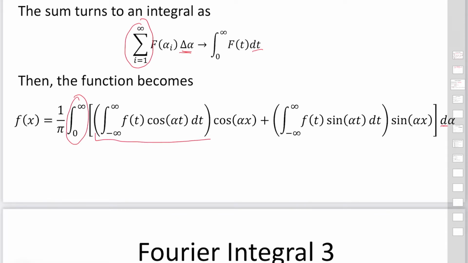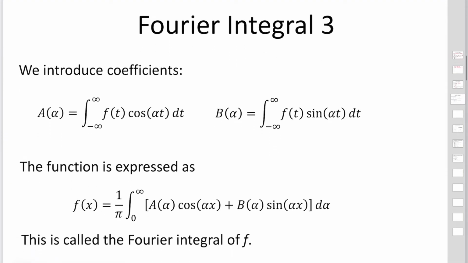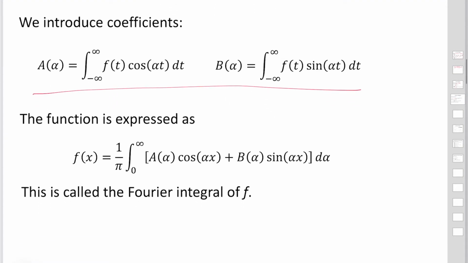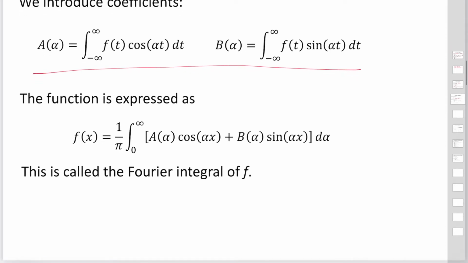The first parenthesis corresponds to the coefficient capital A of alpha, and the second parenthesis corresponds to the coefficient B of alpha. Then this equation is simplified by introducing the two coefficients. The function f(x) is 1 over pi times the integral of A alpha cosine(alpha x) plus B alpha sine(alpha x) d alpha.